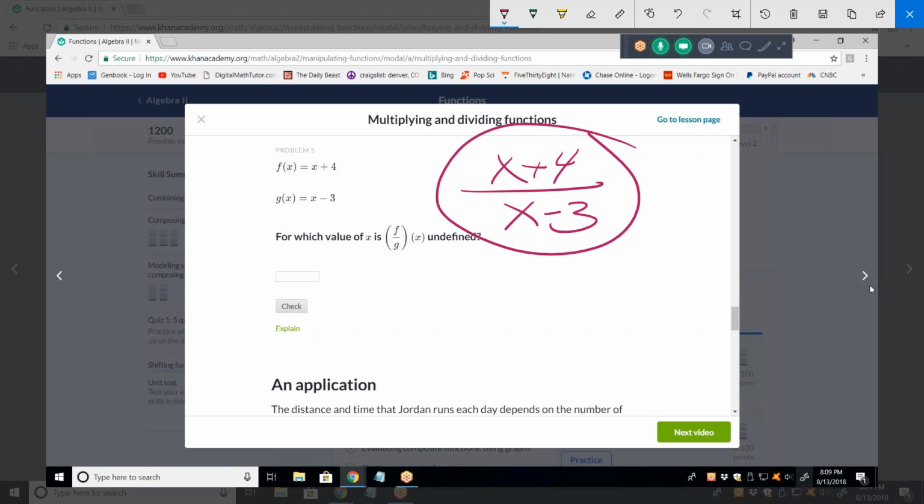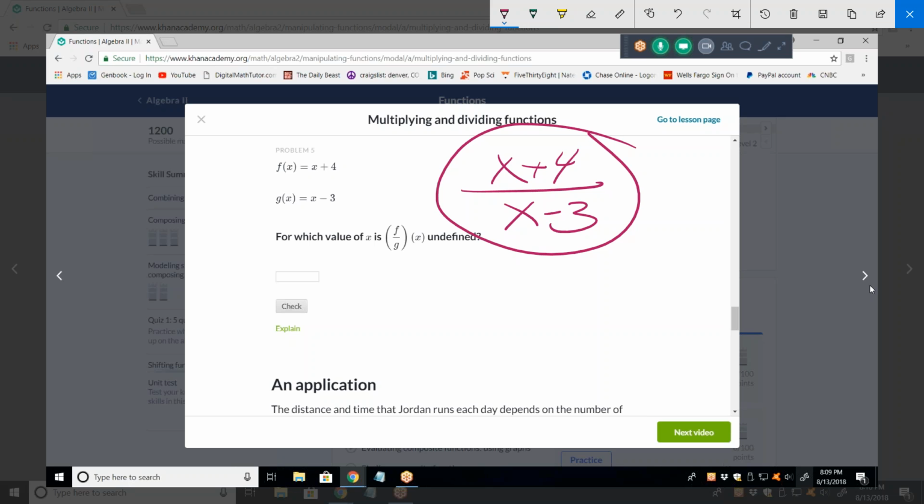The most important rule in all of mathematics is thou shalt not divide by 0. What causes this function to divide by 0? What value of x?